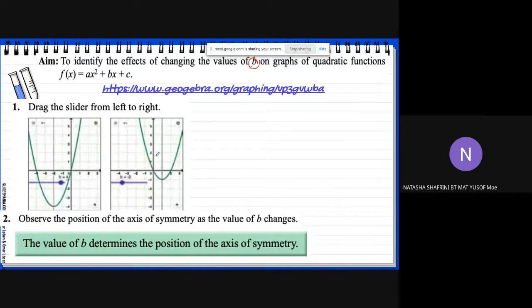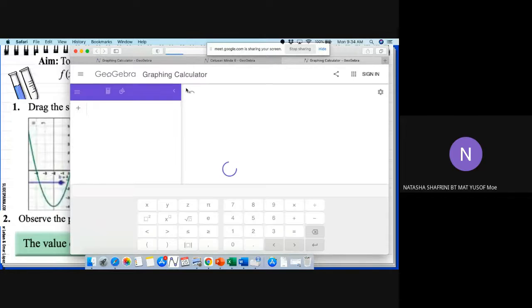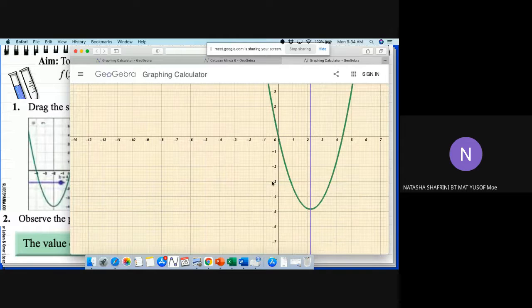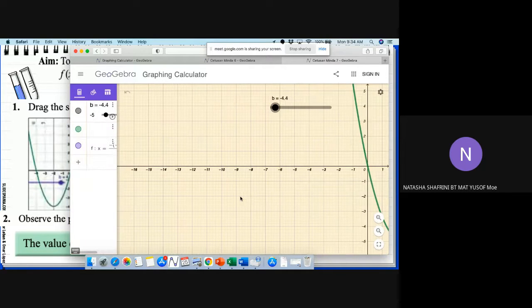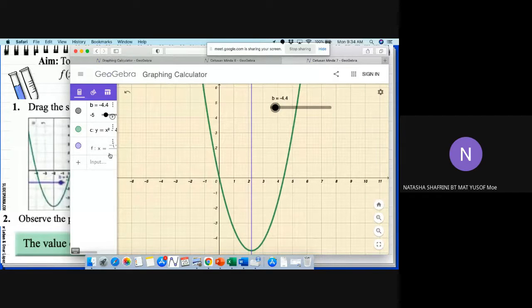Okay, what happened to the graph? Okay, kita punya B sini negative 4.4. Cikgu kecilkan dia. Negatif cikgu besarkan dia.